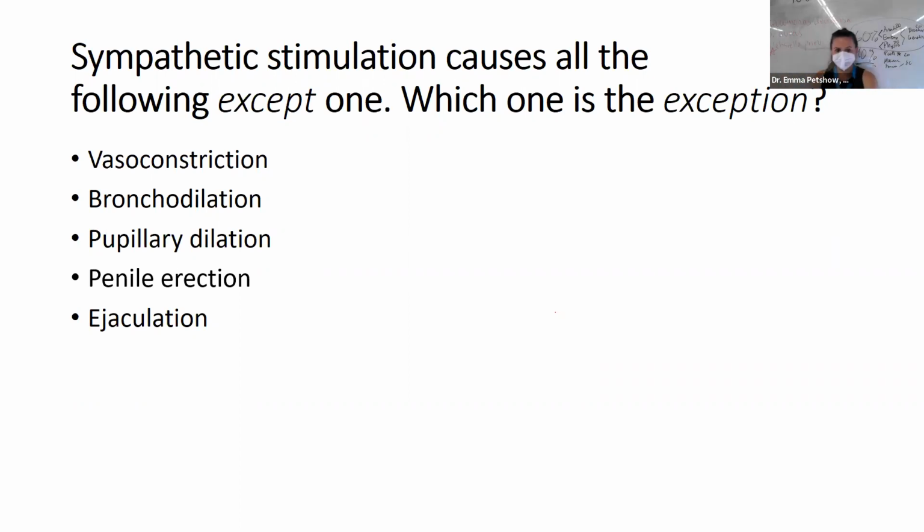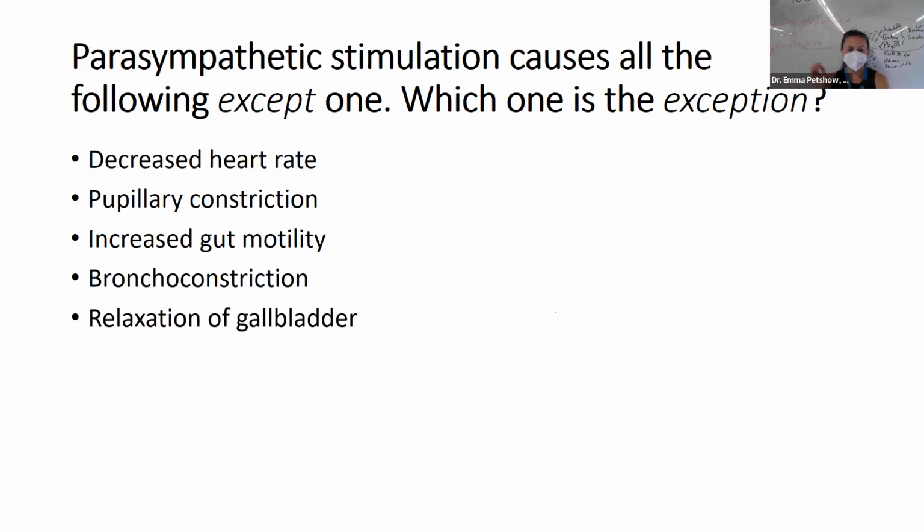So I think we've got it. It's D, erection, not sympathetic. Vasoconstriction, yes. Bronchodilation, yes. Pupillary dilation, yes. Ejaculation, yes. So it's not penile erection. They love throwing in male functional anatomy in the sympathetic nervous system. It confuses us all.